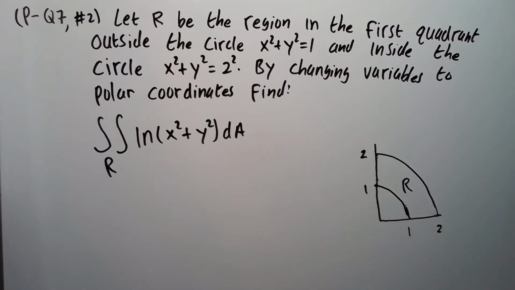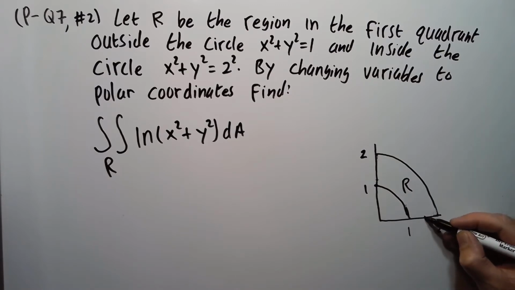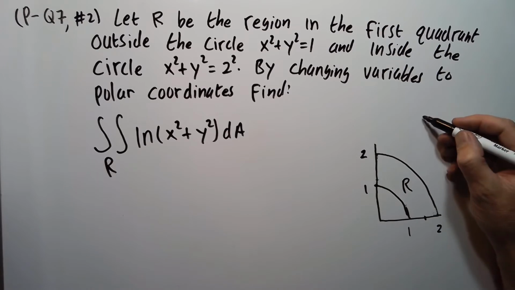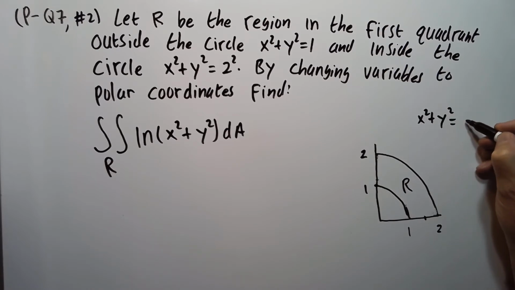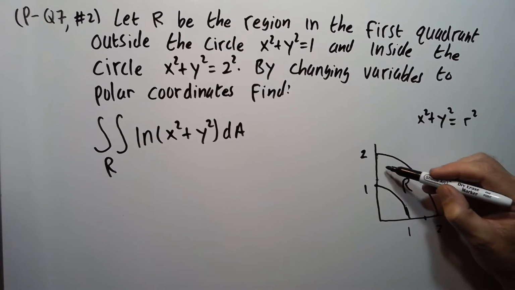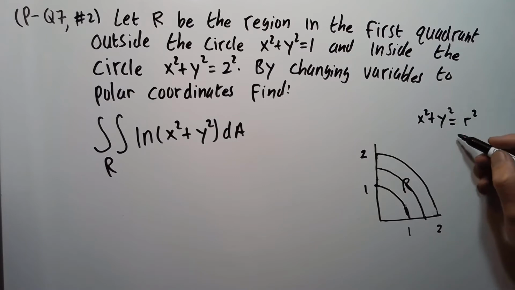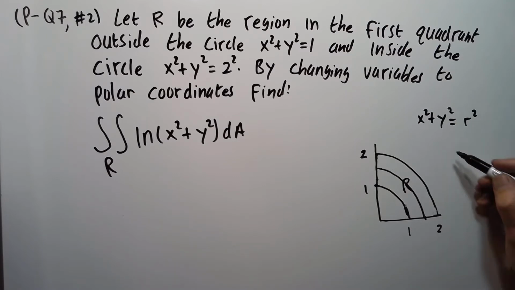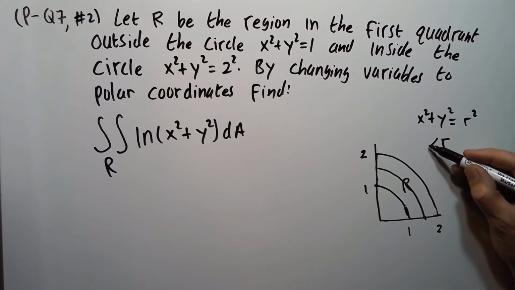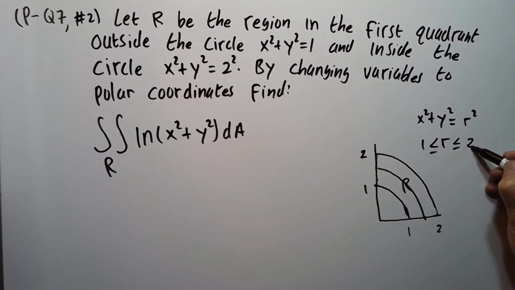So it says by changing variables to polar coordinates. Well, first note here, if I pick a point here, you can think of x squared plus y squared equals r squared. It would pick up another circle in here. But I need the r to be between 1 and 2.